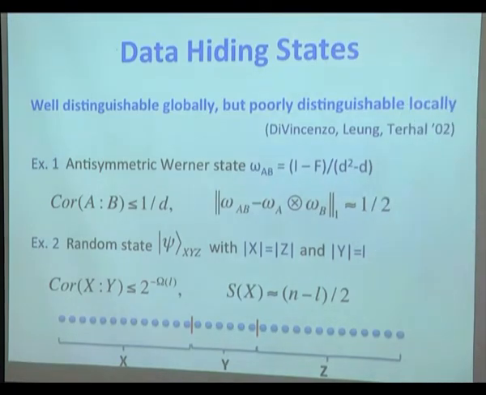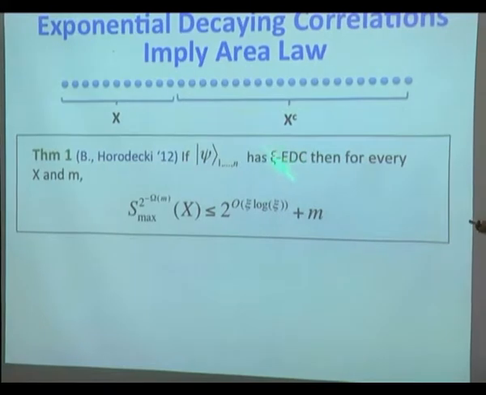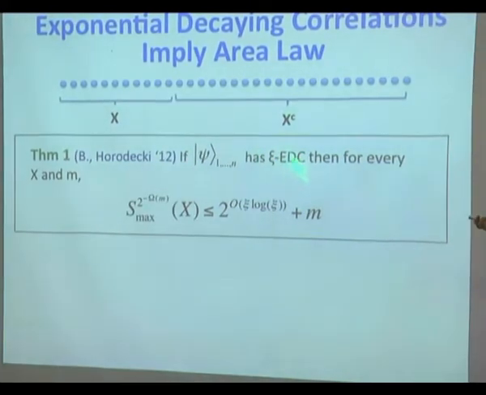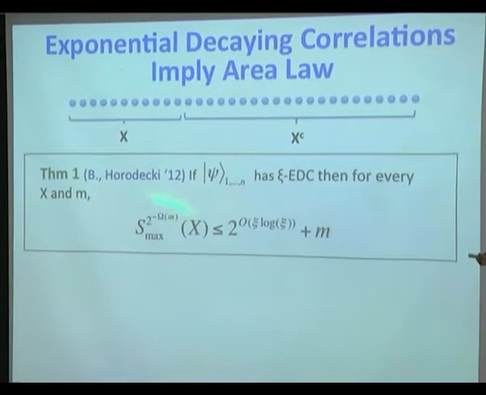All right, so this sounds like a problem to us, but I mentioned that nonetheless you can prove area law first for ground states of local Hamiltonians if there is a gap. And the later result I told you, that I want to show you in this lecture, is that if the state has exponential decay of correlations with correlation length xi, then there is an area law, right?